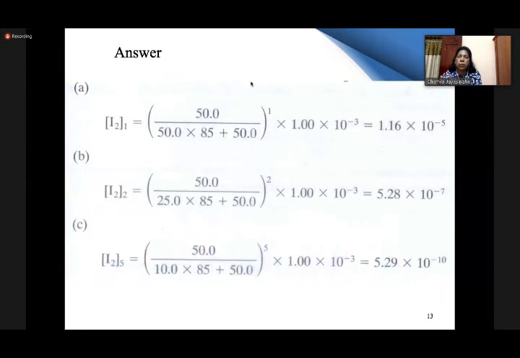When you use 2 times 25 ml, two extractions, you can see that there is a lower amount of iodide ions remaining in the aqueous system. 5.28 into 10 to the power minus 7 is a lower amount compared to 1.16 into 10 to the power minus 5. When you extract 5 times with 10 ml, you can see there is an even lesser amount remaining in the aqueous solution. Most of the iodine has come into the organic solvent.